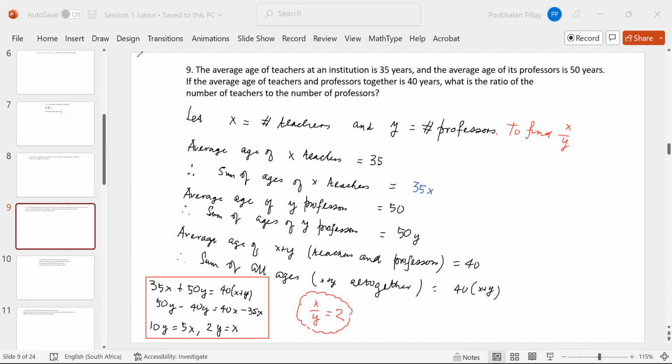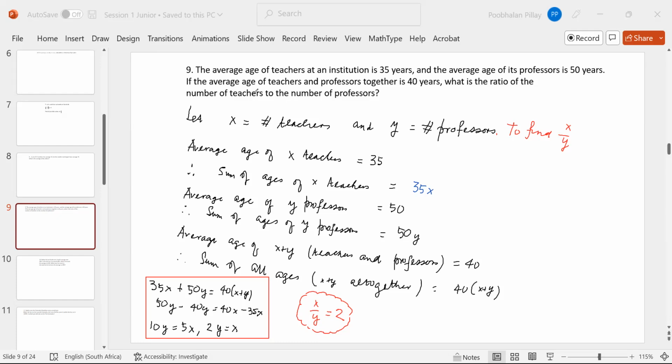Right, it looks like a difficult problem, but if you do it systematically, then you would get to the answer. So at the starting point, your question is, what is the ratio of the number of teachers to the number of professors?